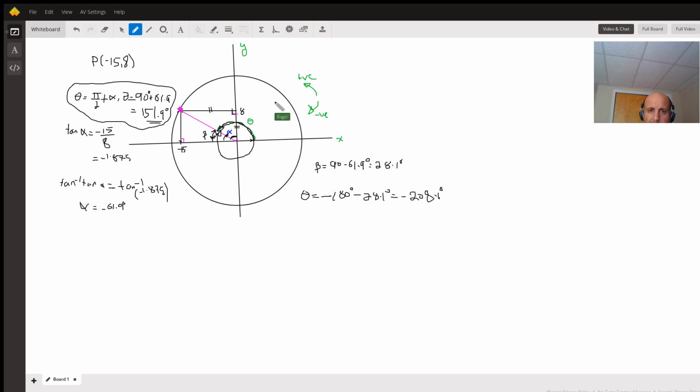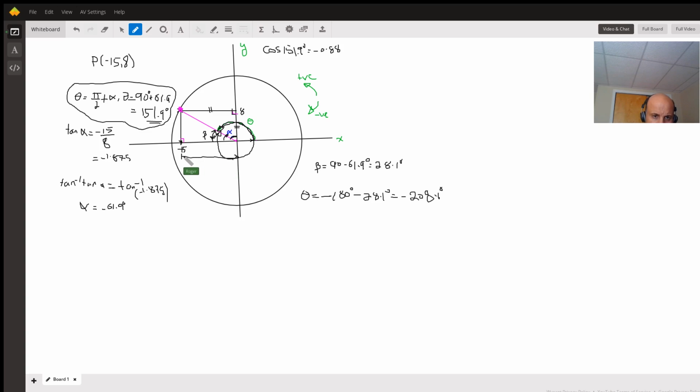Okay, so if you take cosine of 151.9 degree and you use a calculator, you're going to get minus 0.88. Now, what's that minus 0.88? Well, that's nothing but the length of this projection of this line over the horizontal axis here.